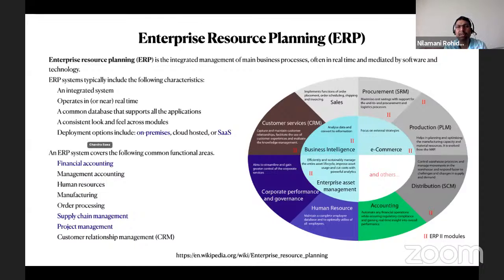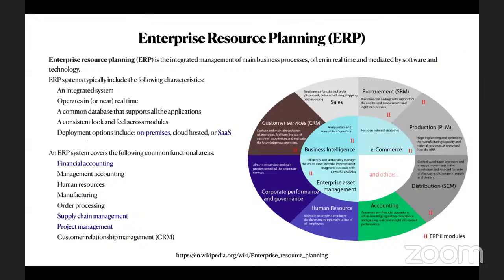This is an integrated system for the whole organization, and it operates in real time. That is why, if some of you have heard the name SAP, in the beginning it was known as SAP R3. SAP R3 stands for SAP real-time three-tier architecture.